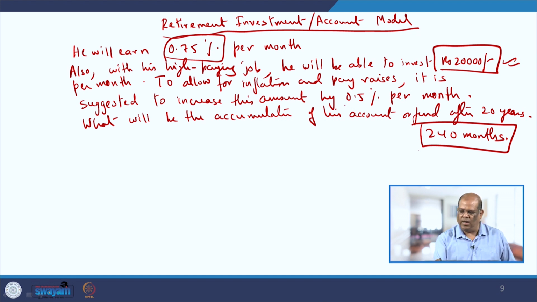It is suggested that every month he should increase this amount by 0.5% to take into account the inflation and the pay rises.